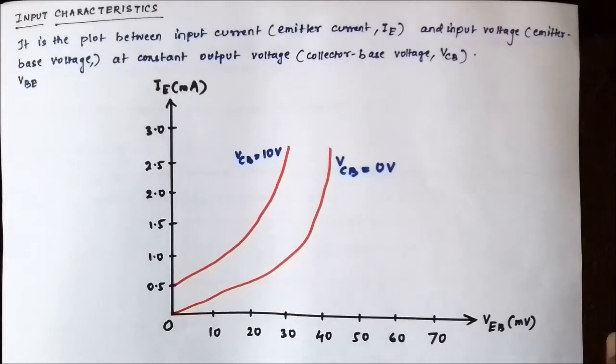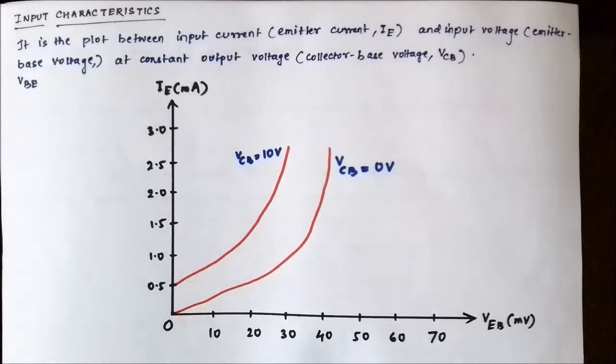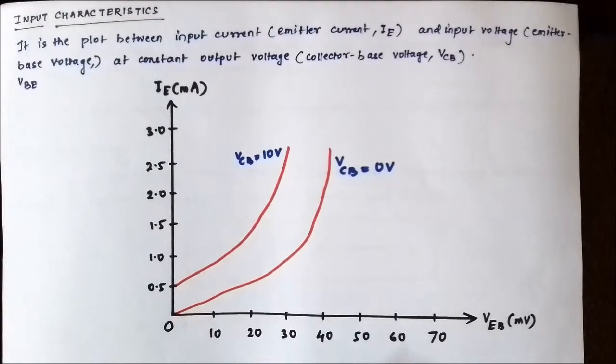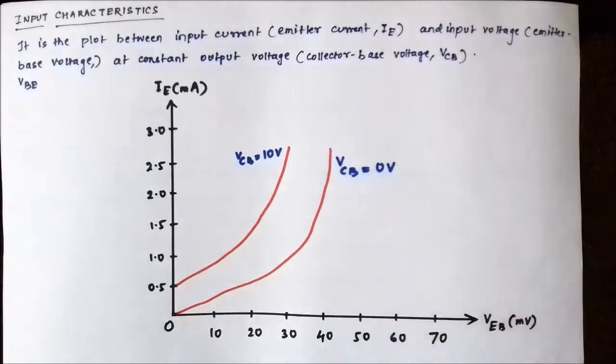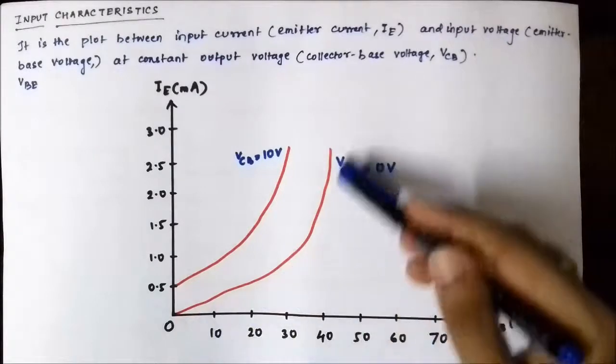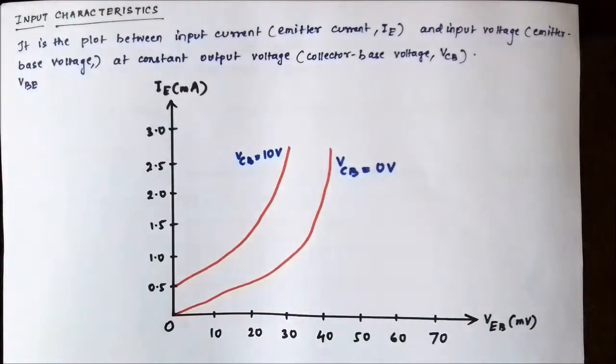Now here the variation in the emitter current for various values of emitter base voltage is plotted at a particular collector base voltage, by keeping the collector base voltage constant at a certain value. Now if we look at the characteristic curve, especially this one at VCB equals 0 volt, pay attention to this curve, we will discuss that later.